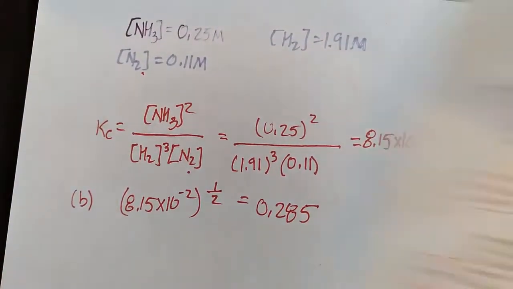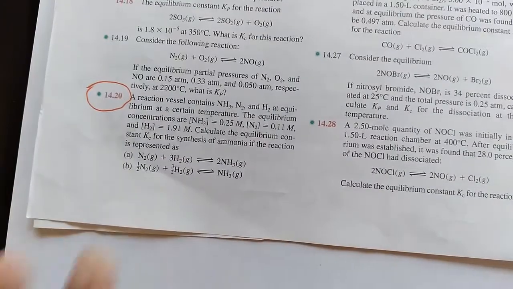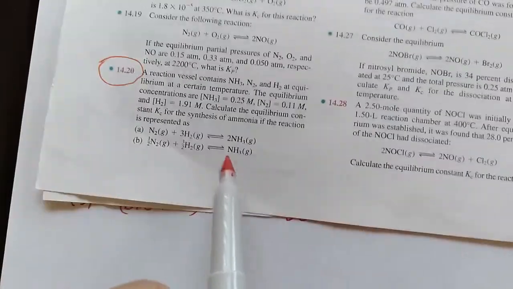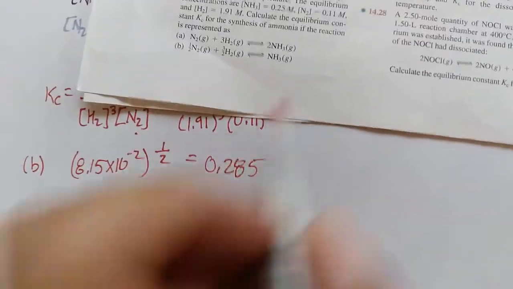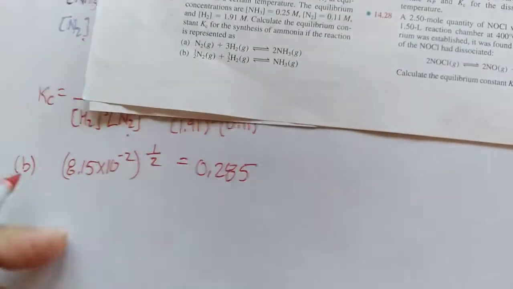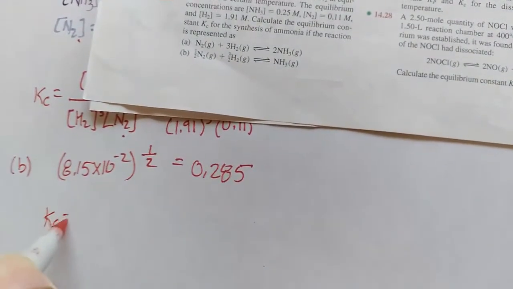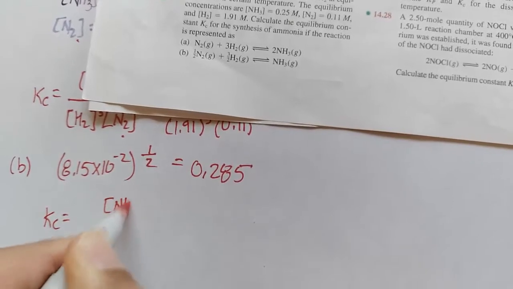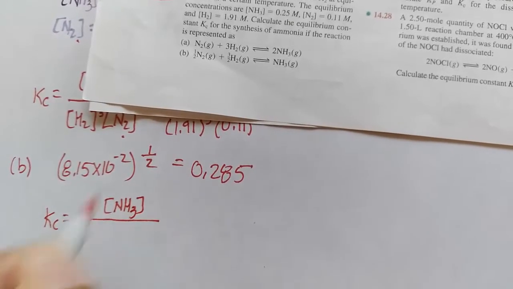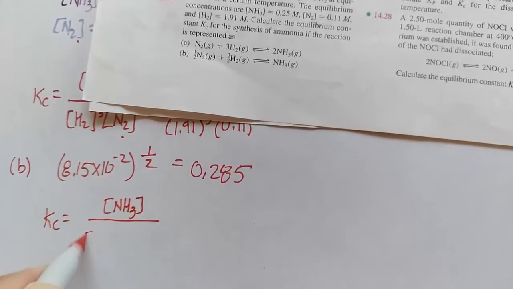Now we could also do this another way, utilizing the law of mass action. The Kc here is going to be the products over reactants, remember. So our Kc is going to be the concentration of NH3 divided by the concentration of N2 raised to the 1/2 power.